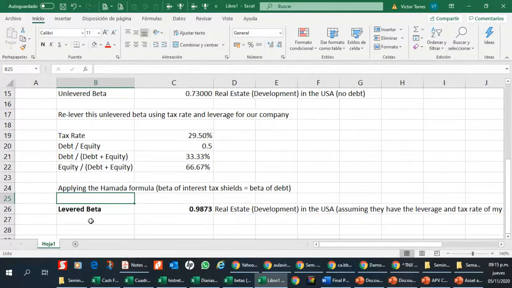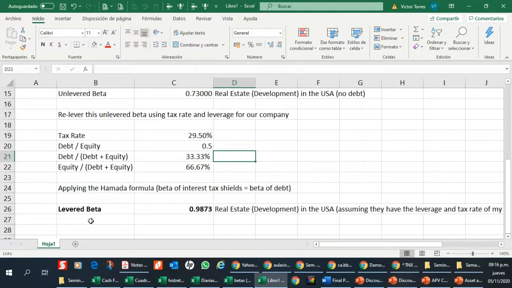The risk of the leverage for our company is low to moderate, not something very complicated. And this is consistent with a debt divided by debt plus equity, with a financing of my capital structure, similar to 33%, one third.